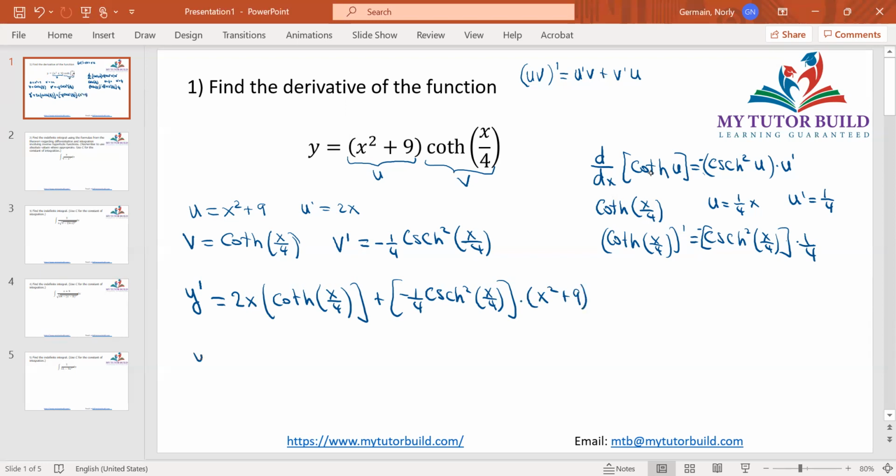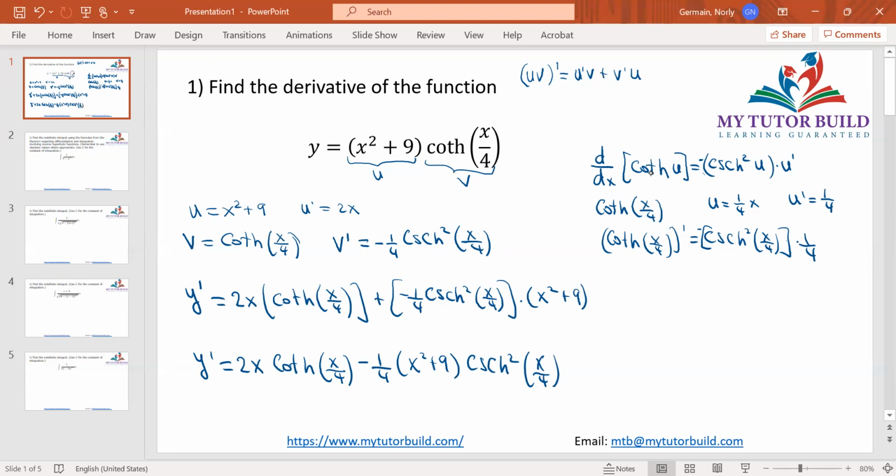So we can rewrite this one, because we cannot simplify. We can conclude that the answer is 2x hyperbolic cotangent x over 4, now minus 1/4 of x squared plus 9 times, let's write it clearly, hyperbolic cosecant squared x over 4.